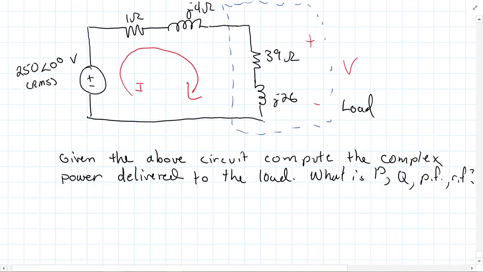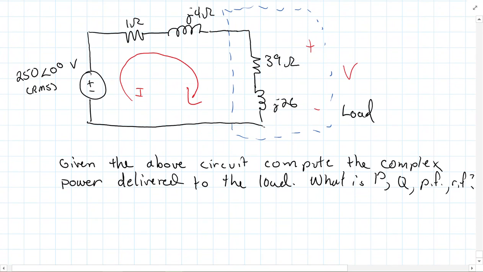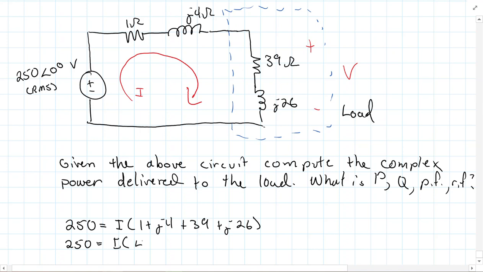To compute the current, this is a simple series circuit, so we would just have 250 equal to I times 1 plus J4 plus 39 plus J26, which means 250 is equal to I times 40 plus J30.